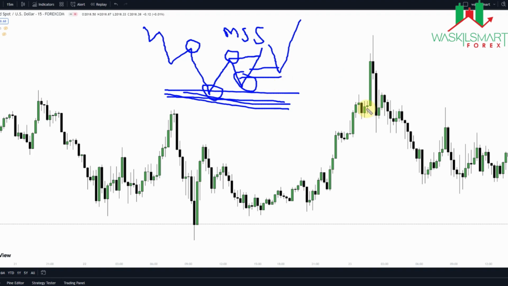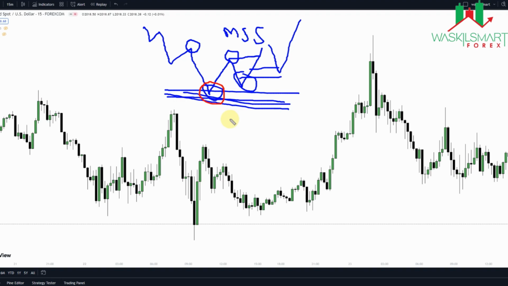That's why the important thing here is that you make sure this zone that I drew out must be a higher time frame POI. When the market gets to that POI, it can be a fair value gap, a supply, a demand, or anything that is known as a point of interest.